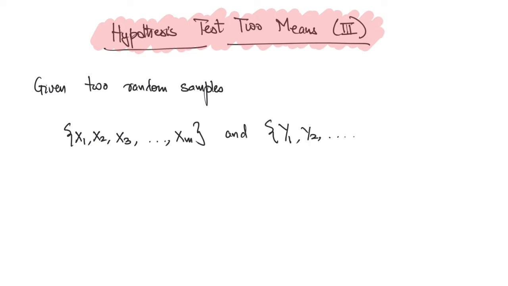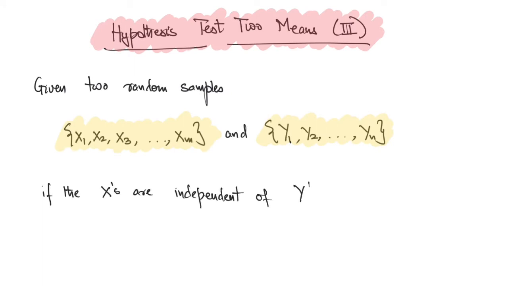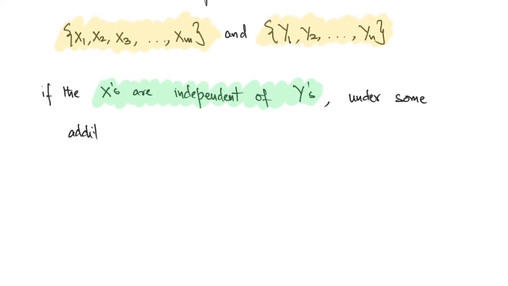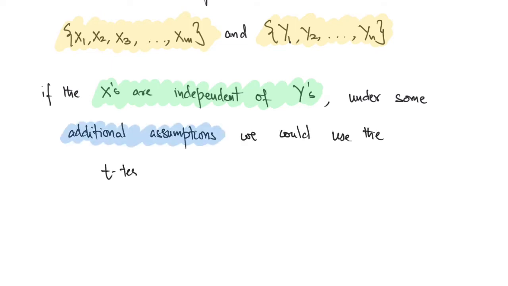So given two random samples, x1, x2, x3 up to xn and y1 up to yn, if we assume that the xi's are independent of the yj's, then under some additional assumptions, we could use the t-test to test the hypothesis for the difference of means.